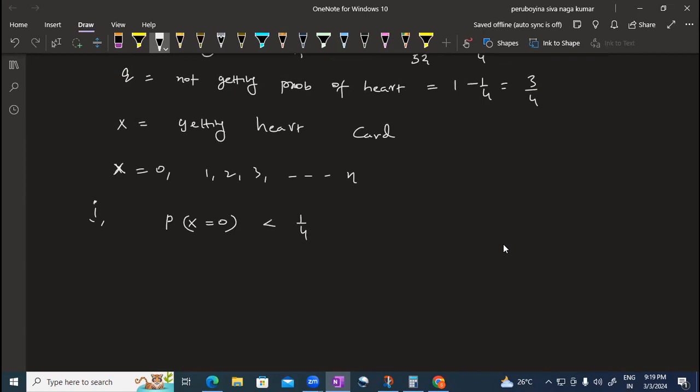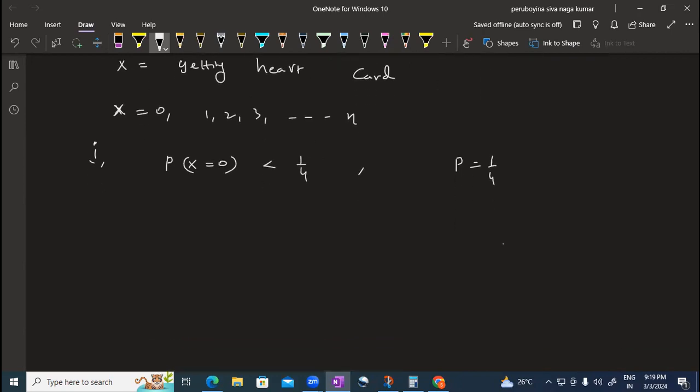P value means 1 by 4. At least chance means lesser than. So P of x is equal to 0 is nC0 q power n minus 0 into p power 0, less than 1 by 4.